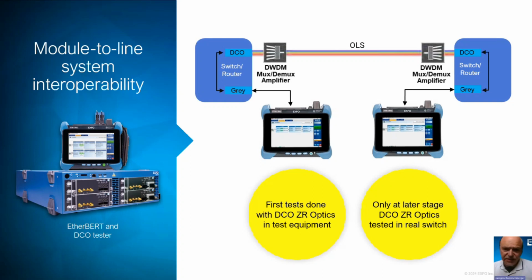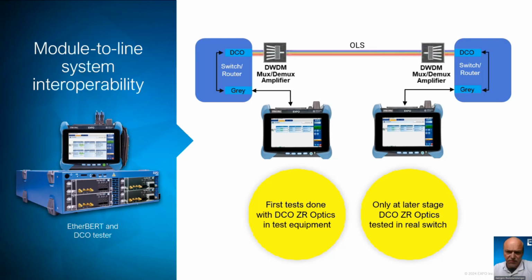Then let's also see the ideal setup here. In case a switch or router is available, the DCO transceiver can be directly used in the equipment, and the corresponding test signal is then fed in with another port of the switch. So the principal BER measurement doesn't differ from it.